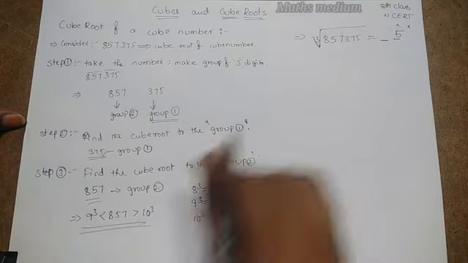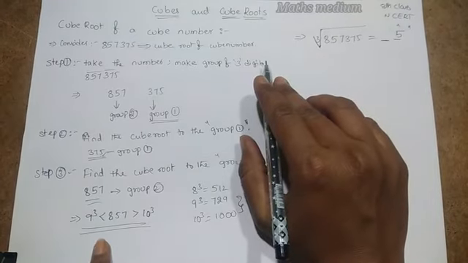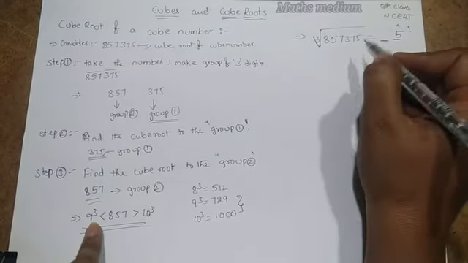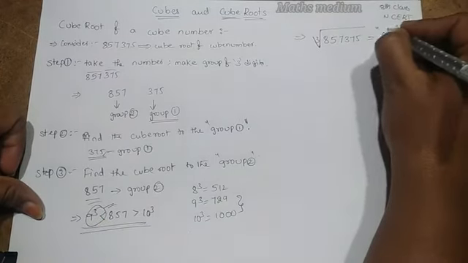But if you want to find the cube root of any number, we have to take the lesser number for the countable purpose. So I am taking here 9. So consider 9 here in the tens digit.